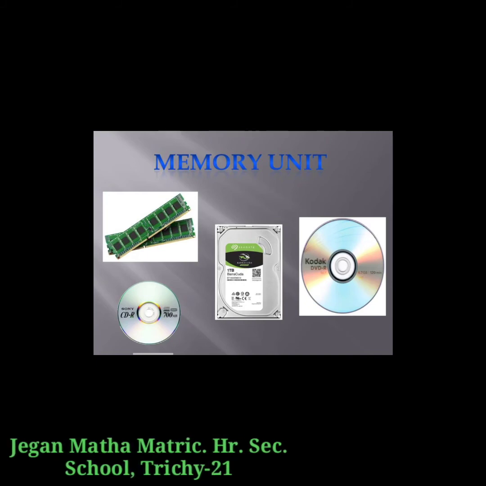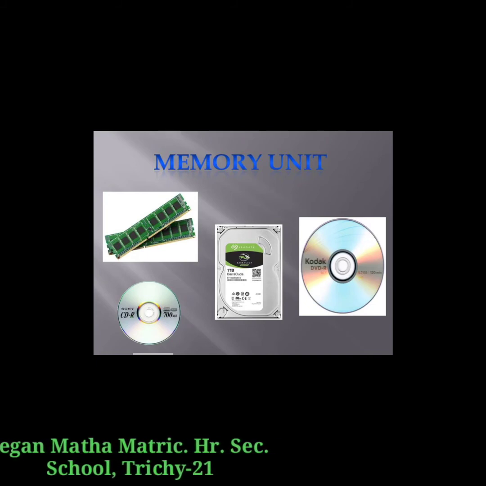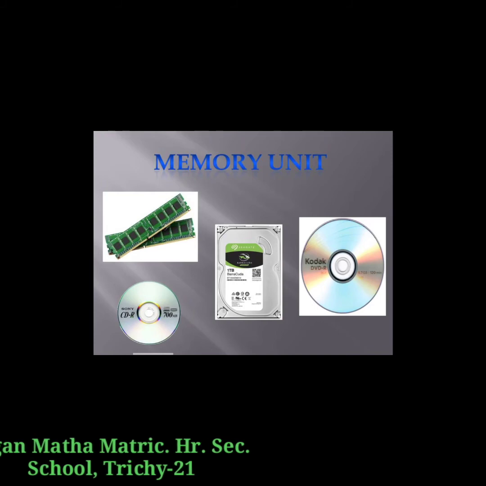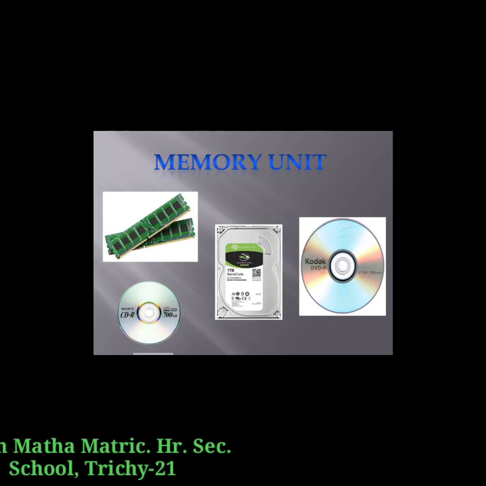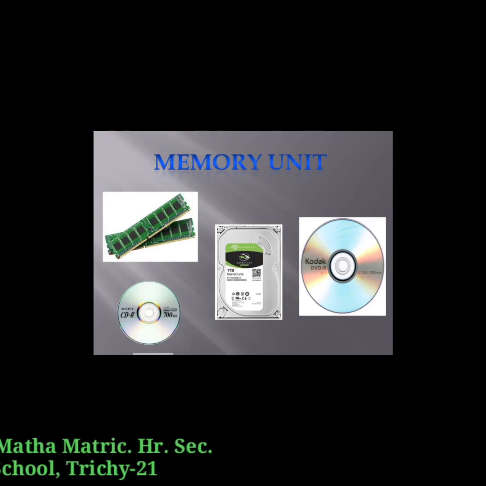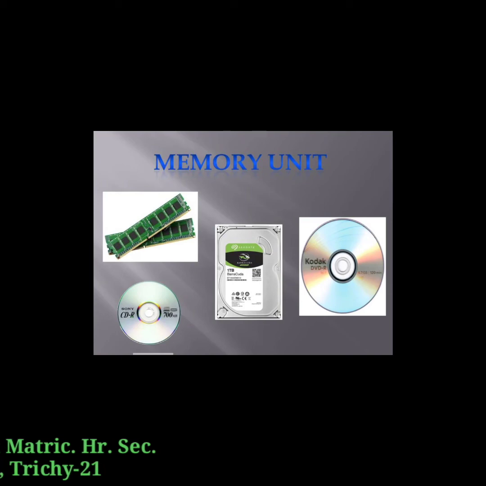The primary memory is called volatile. Volatile means the content is lost when the power supply is switched off. So when the power is switched off, the content of the primary memory will be erased. RAM, random access memory, is the example for main memory.